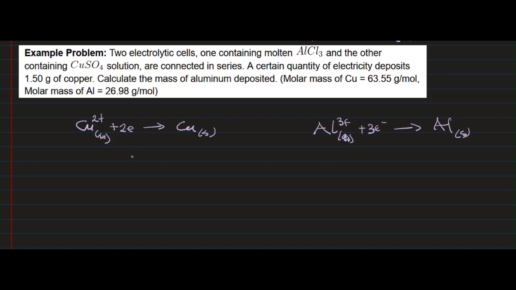It means for copper, the number of moles of electrons used to deposit copper is 2, so n equals 2 for copper. So we can remember: n of copper equals 2, and n of aluminum equals 3. So we have n for each one of them.